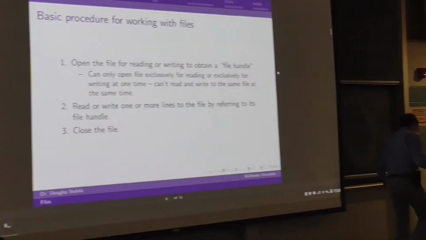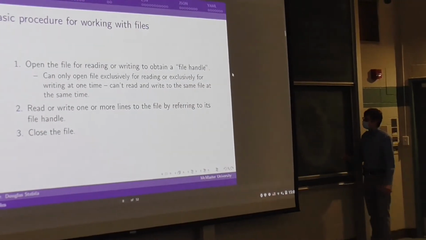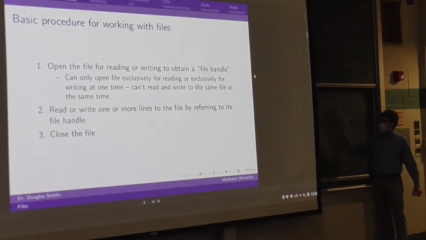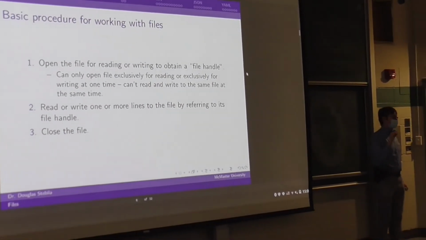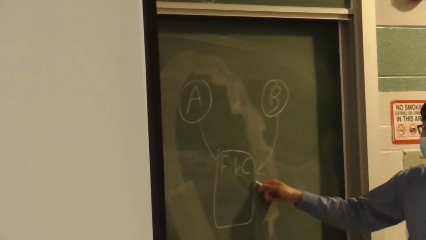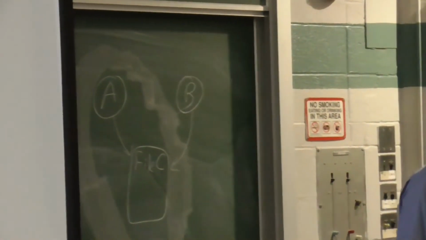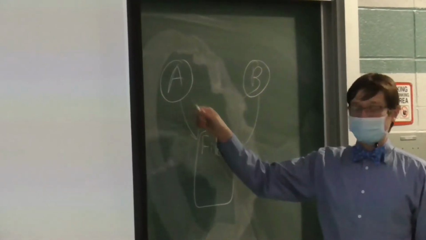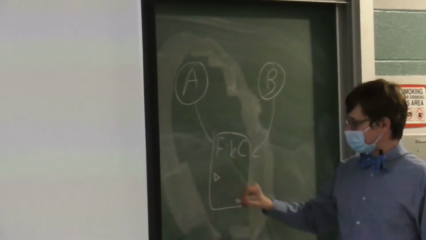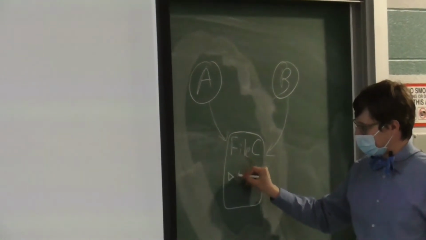So the reason that you would want this, right? Let's imagine a scenario in which program A and program B are both allowed permission to write to file C at the same time, right? Let's say program A on line 10 says yes.